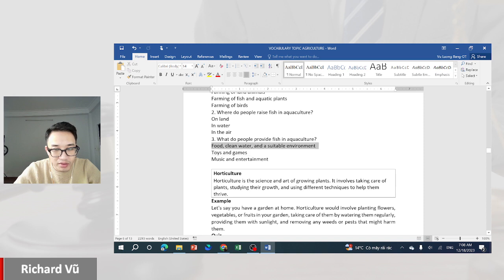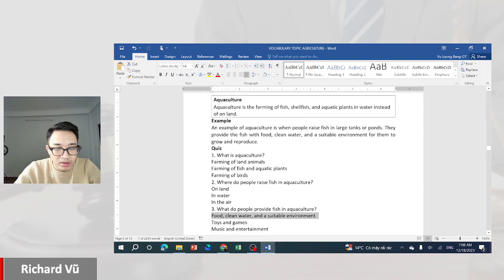This option is the correct answer: food, clean water, and a suitable environment. So that is all for aquaculture. Keep in mind, aquaculture is farming in water instead of on land, right?